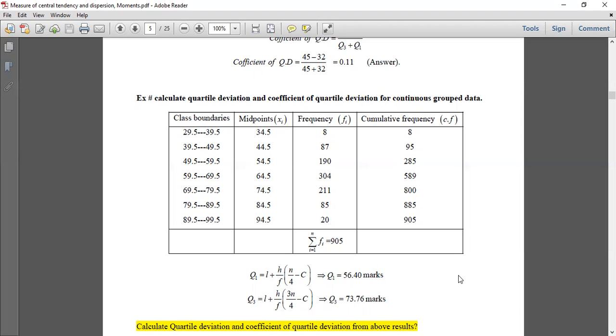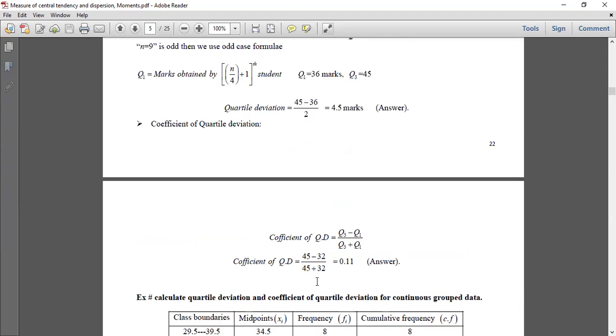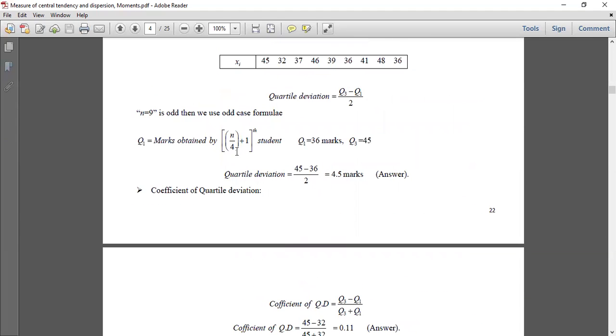Now we need to find L. L1 is the lower limit of the quartile class, so we need to find the quartile class first. If we go for the quartile class by base value, N by 4, 7 by 4 plus 1.